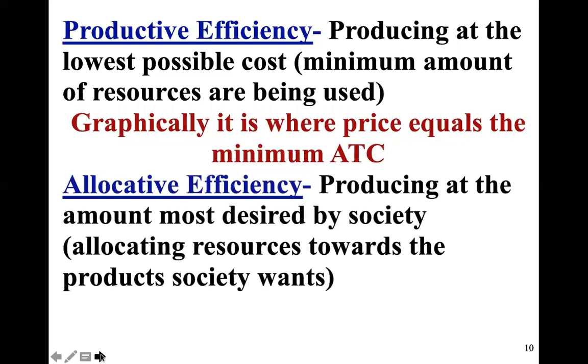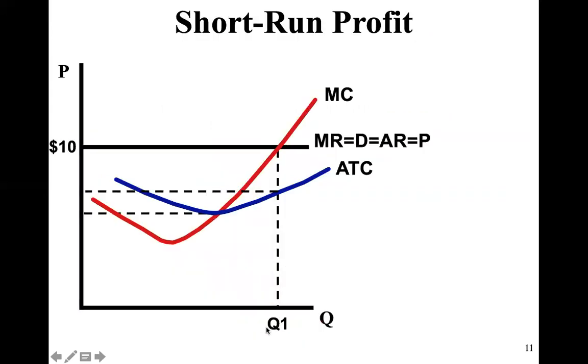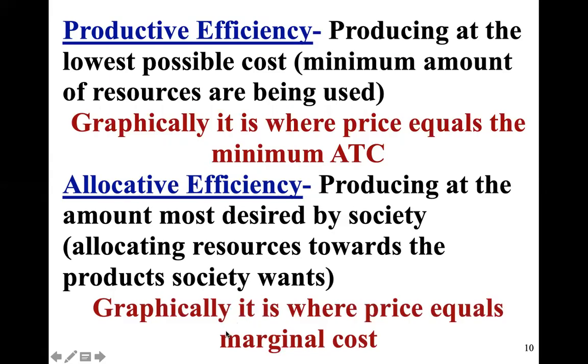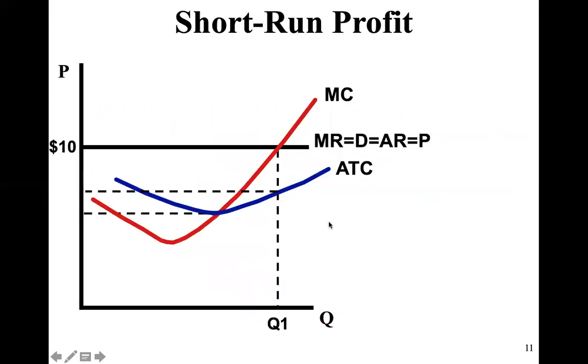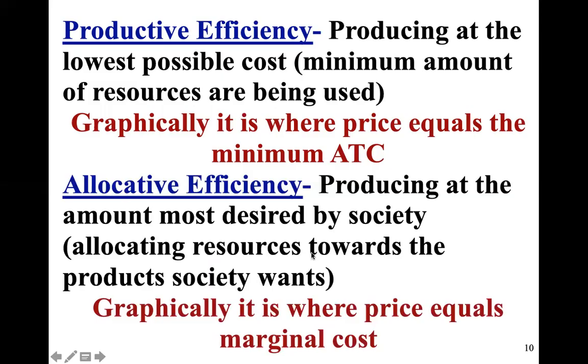The second spot we're going to look for in just a minute is the allocatively efficient point. Allocative efficiency means we're producing the amount desired by society. We're allocating the products according to society's wants. And graphically, that is where price equals the marginal cost.